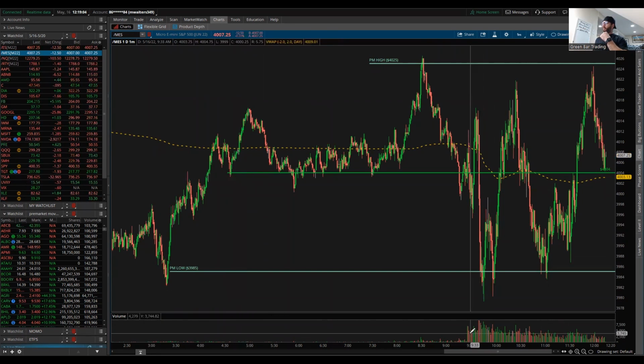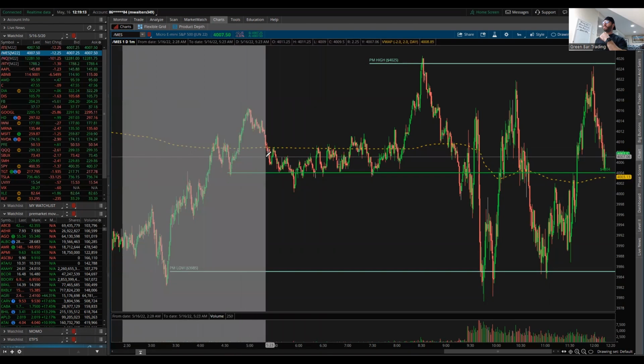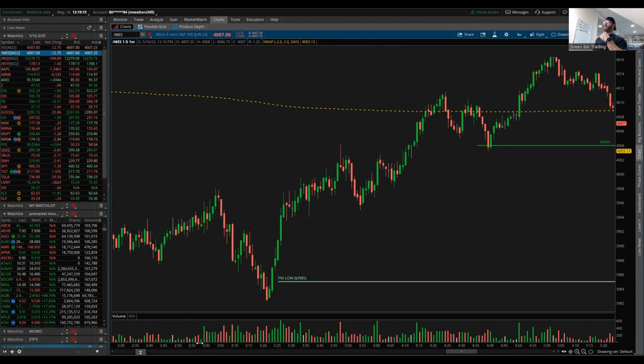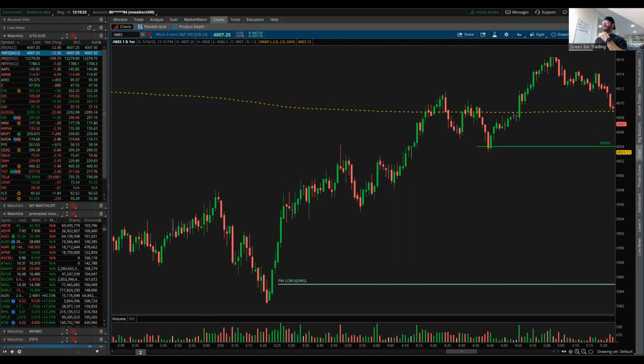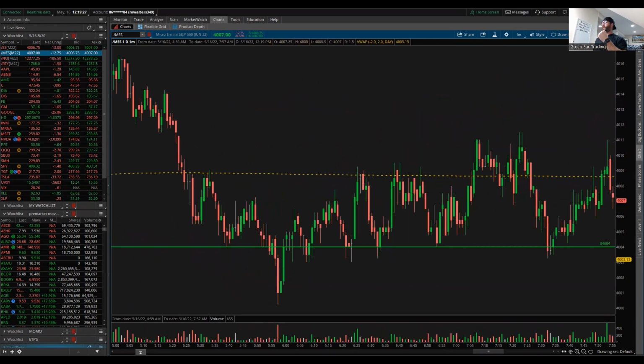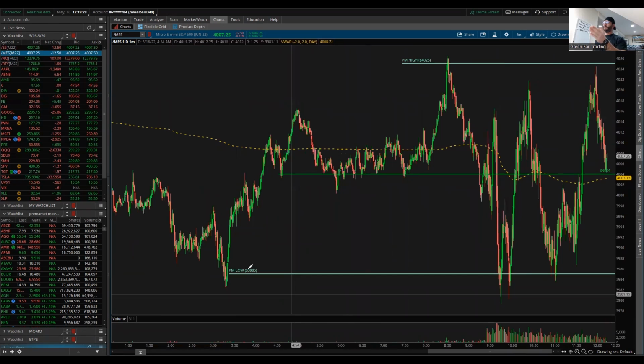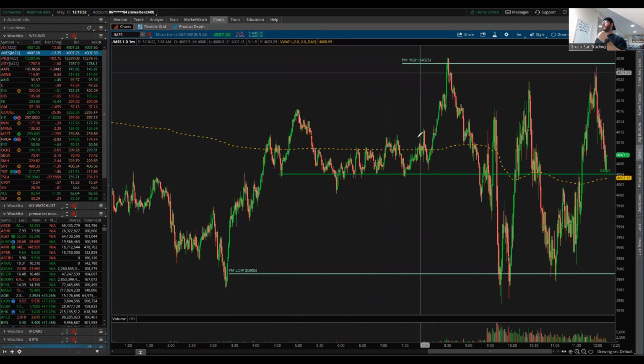Now, the volume at 9:30 is totally dwarfing the volume here. But if I zoom in just on this area, you'll see that a lot of volume takes place in this UK Open. So that's setting the stage for the pre-market lows and the pre-market highs.